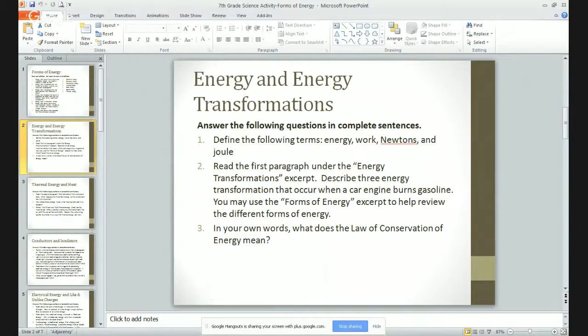There are some foods that have a lot of stored up energy. Now the problem is, if you consume too much of this, you're not going to use all of that energy, so it gets stored in your body as fat.